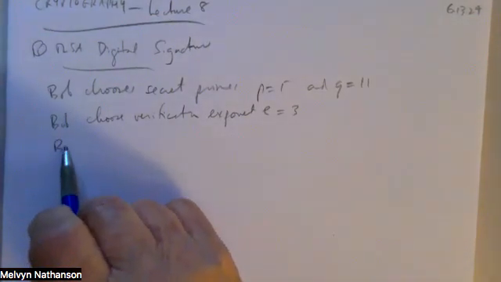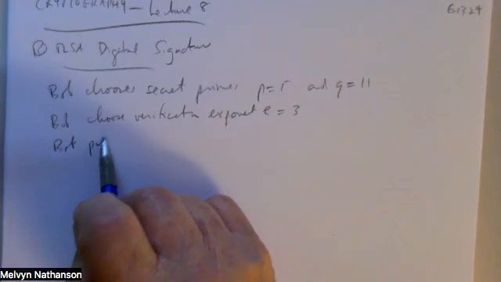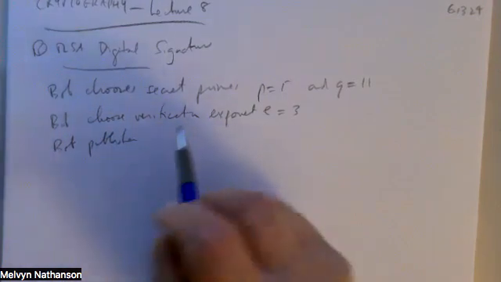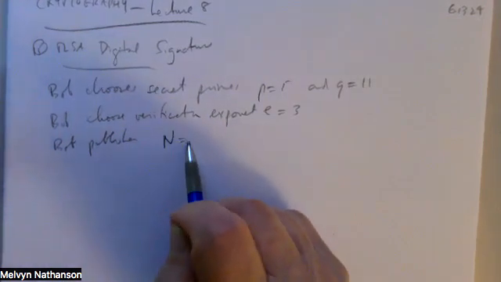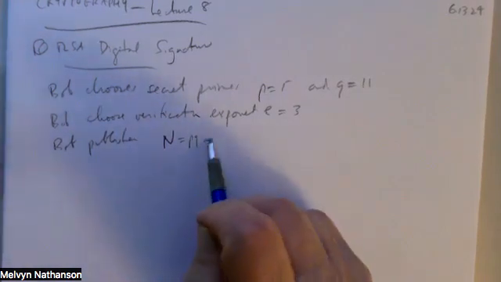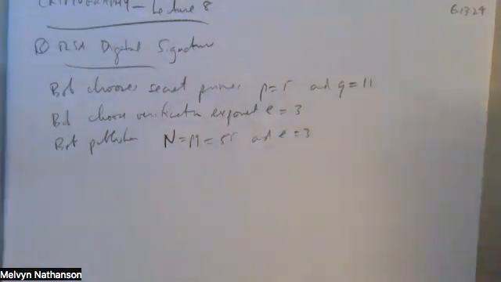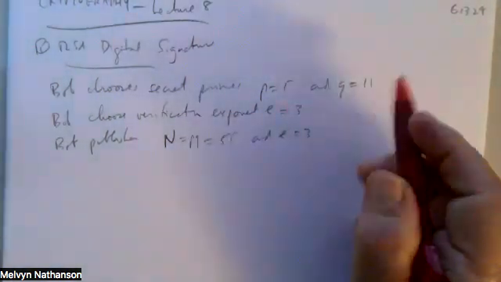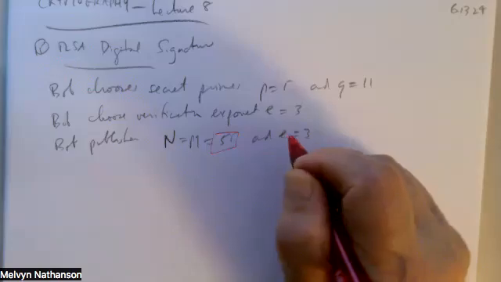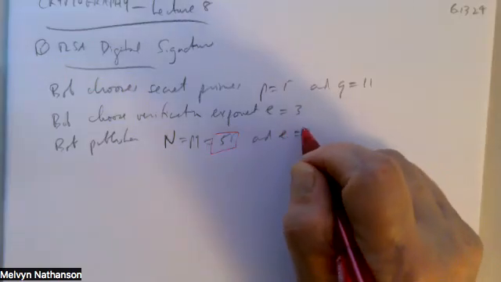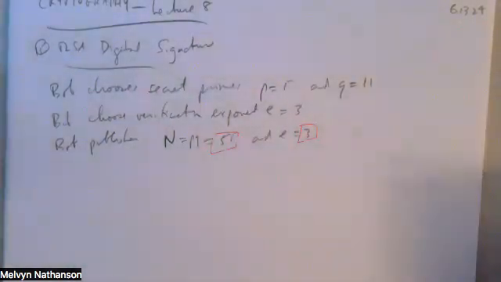What Bob publishes, telling everybody in the world, is the number n, which is p times q, which is 55, and e equals 3. So no one knows what p and q are, but they know the product is 55, and they know there's this other number 3 that's involved.